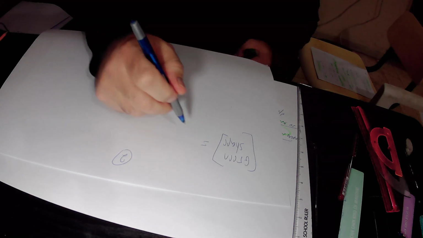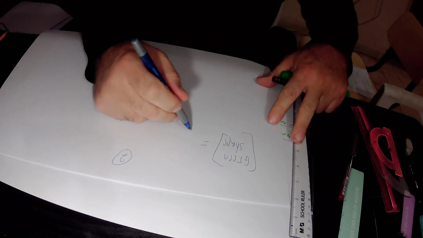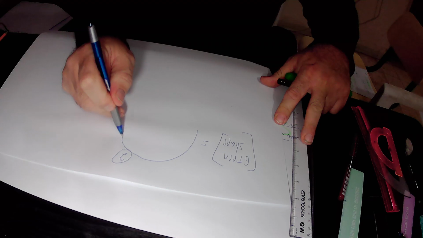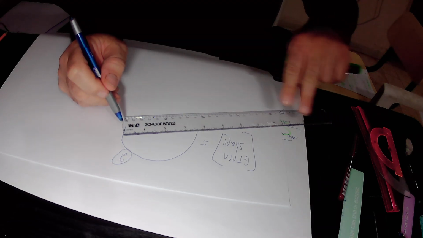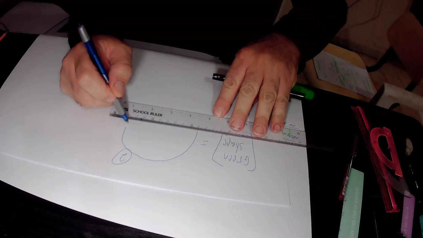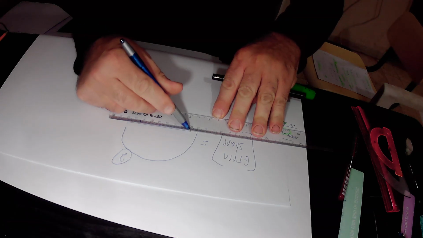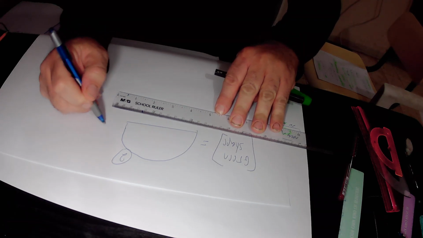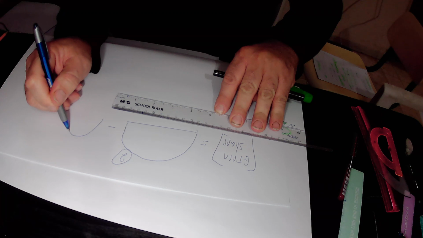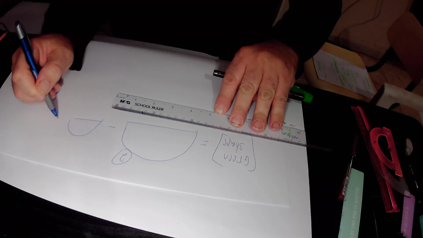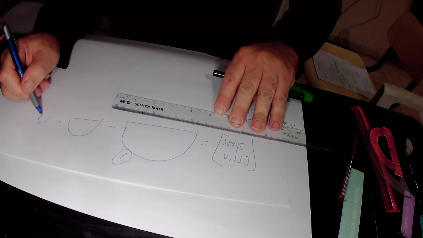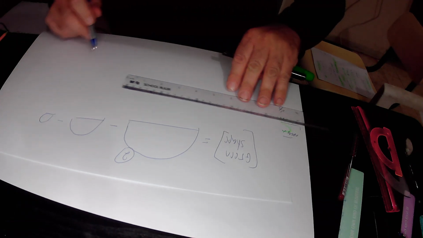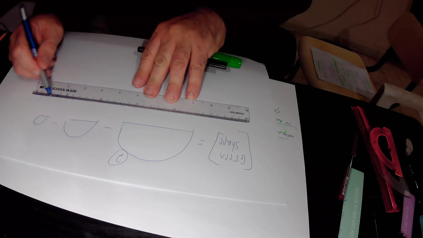This is the area of the green shape, that is the area that we are looking for in this question.